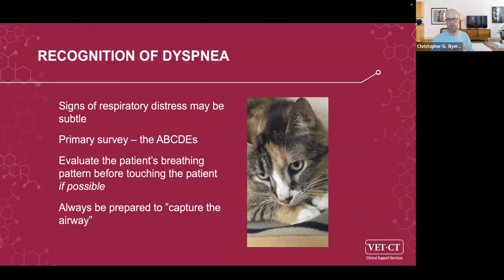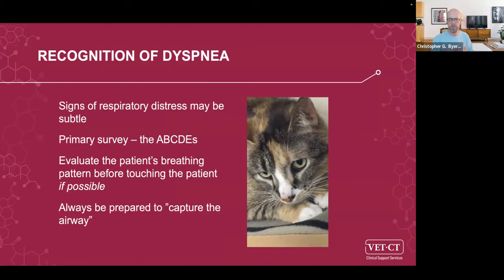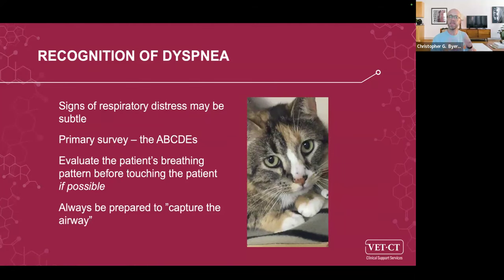When a patient is presented in respiratory distress, that is not the time that we do a complete physical exam. Yes, you heard that correct. I am telling you not to do a complete physical exam when a patient is presented in respiratory distress. Rather, your focus needs to be on performing a primary survey.